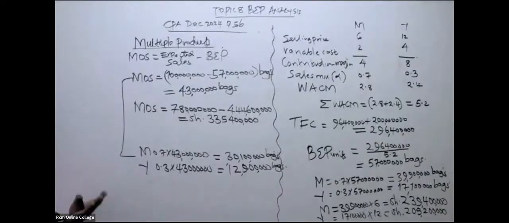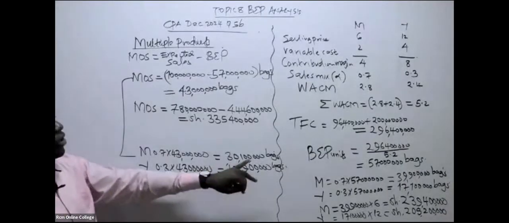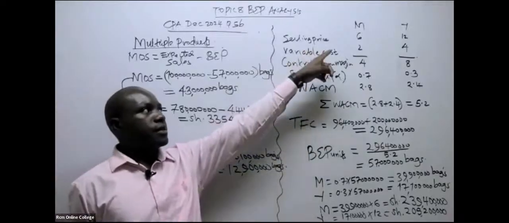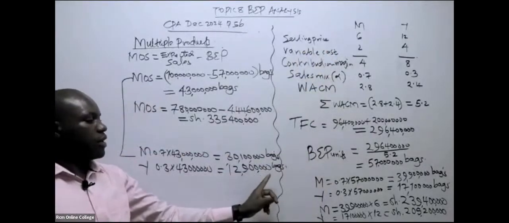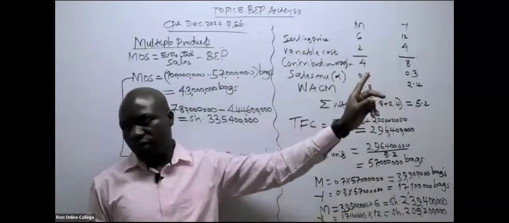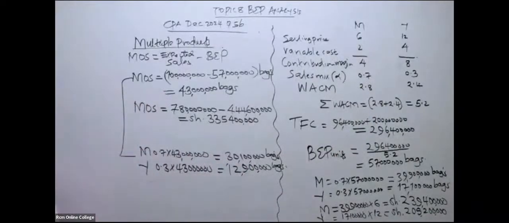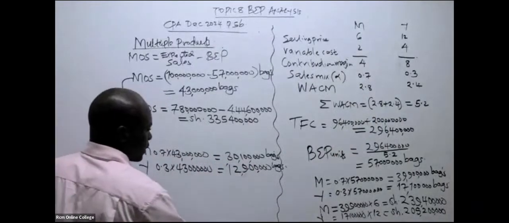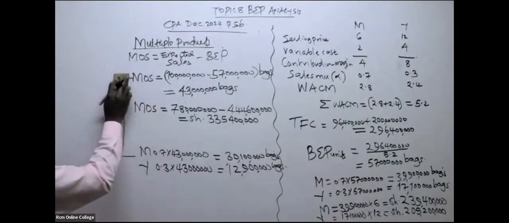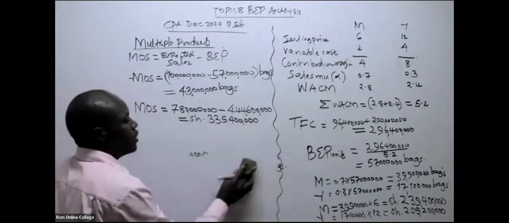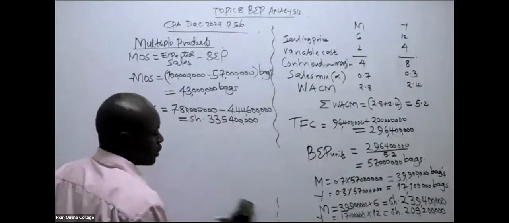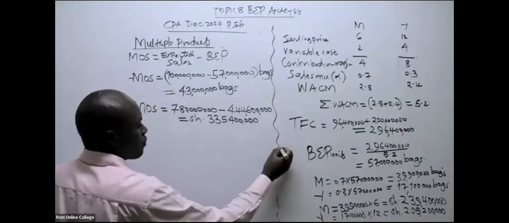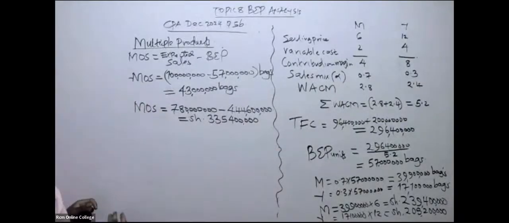What if I were to get it in shillings? I'll be taking this, multiplying by 6 shillings. I'll be taking this one, multiplying by 12 shillings. Great. But I want us to go back again, still under margin of safety. Can we get our margin of safety as a percentage and compare the two, whether they will give us the same thing?